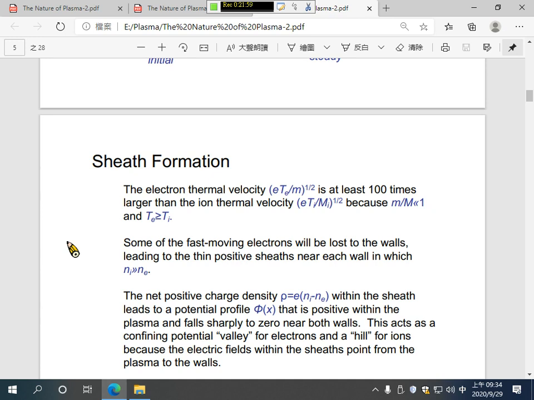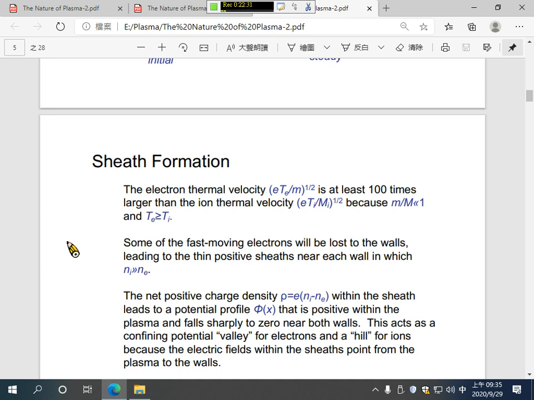So from these two, if we compare these two terms, we can find out that the thermal velocity of electron is at least 100 times larger than the thermal velocity of ion. So in other words, the electrons travel at much faster velocity than the ions in the plasma, and they can travel in random directions.